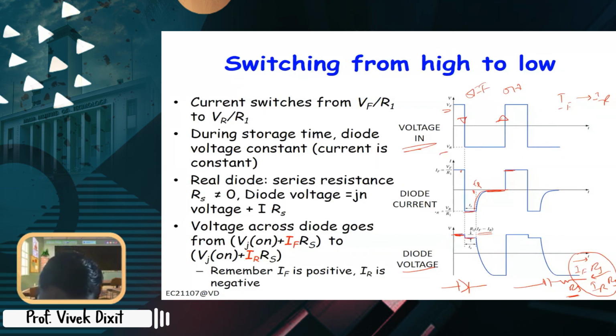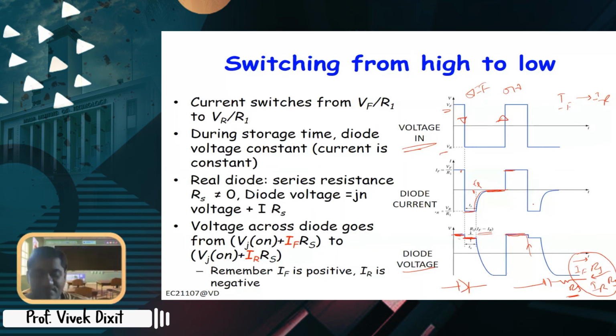The rest of the voltage across the capacitor remains the same, it does not change during the storage time. Once the stored charge is removed, it exponentially decays for the recovery time. Similar things happen in the second cycle also. During the turn on transient, there is no such thing.